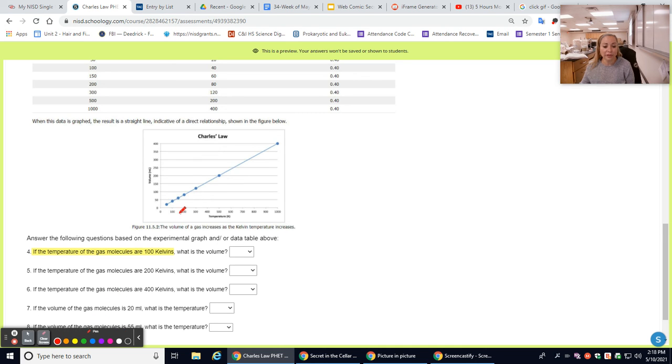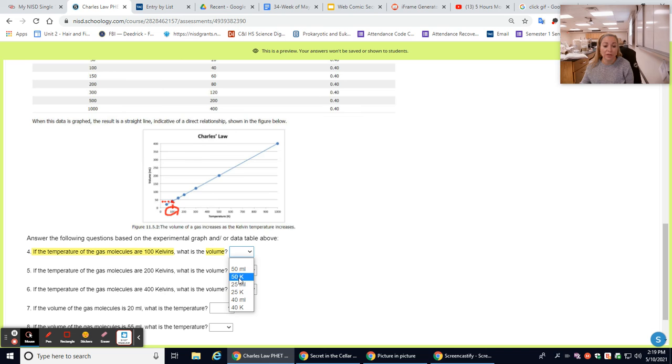You go up and then you go across. But you see how it doesn't even touch 50? It does not touch 50. So the volume should be less than 50, and since we're asking for volume, that means milliliters. It cannot be kelvins.